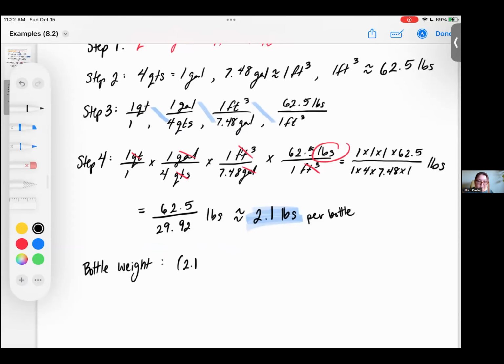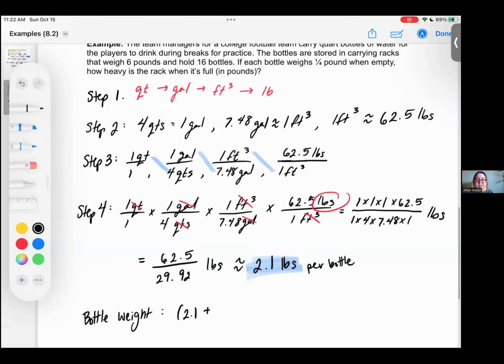We have 2.1 for the weight of the bottle with water, and then we add on the weight of the bottle itself, 1/4 of a pound. We already have decimals, so let's convert that 1/4 of a pound to decimal. That would be 0.25 pounds. And then there's 16 of them. So we multiply that by 16.